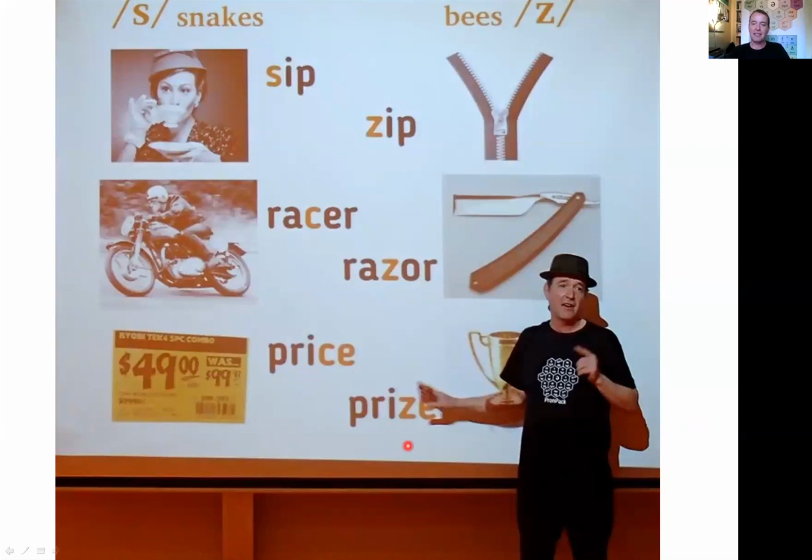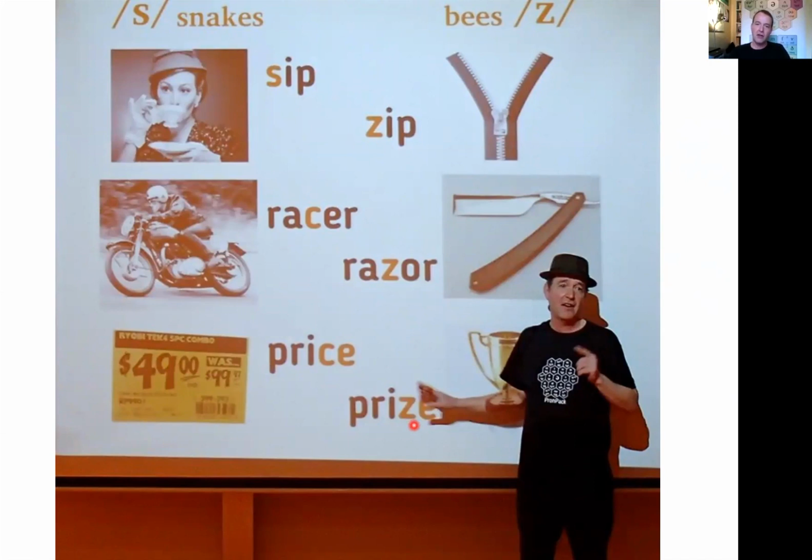But the fact is, when the consonant in question is at the end of the word, price, prize, there isn't much space for the voicing to be heard, because there isn't anything afterwards, after that sound, in which to hear the voicing.